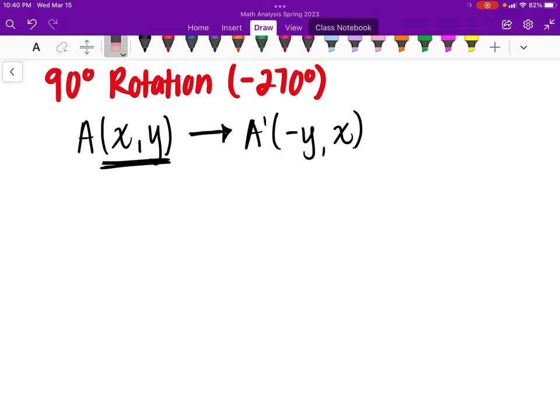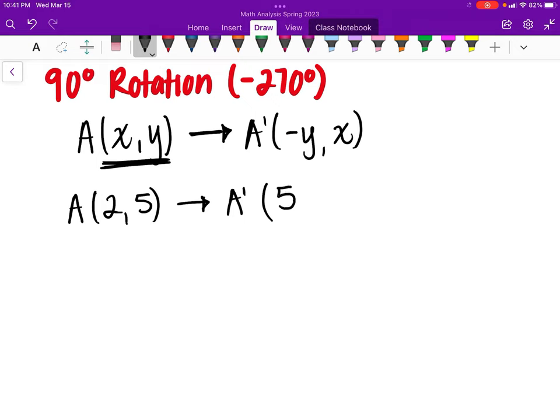An example: let's say I have the point 2, 5, and I want to do a rotation of 90 degrees on this point. The new x value for A prime is going to be 5. Once again, they're switching positions.